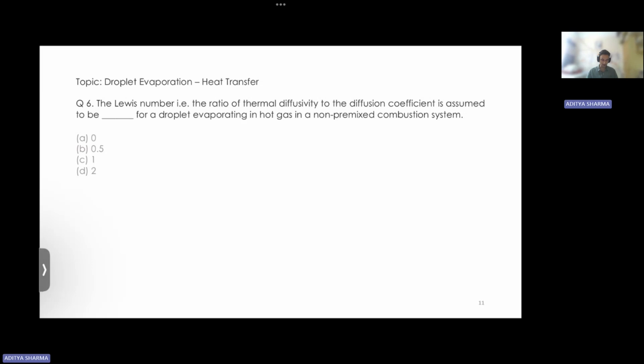And it is a fill in the blank type of question. So please have a look at this question and try to see what the correct option will be for this question.